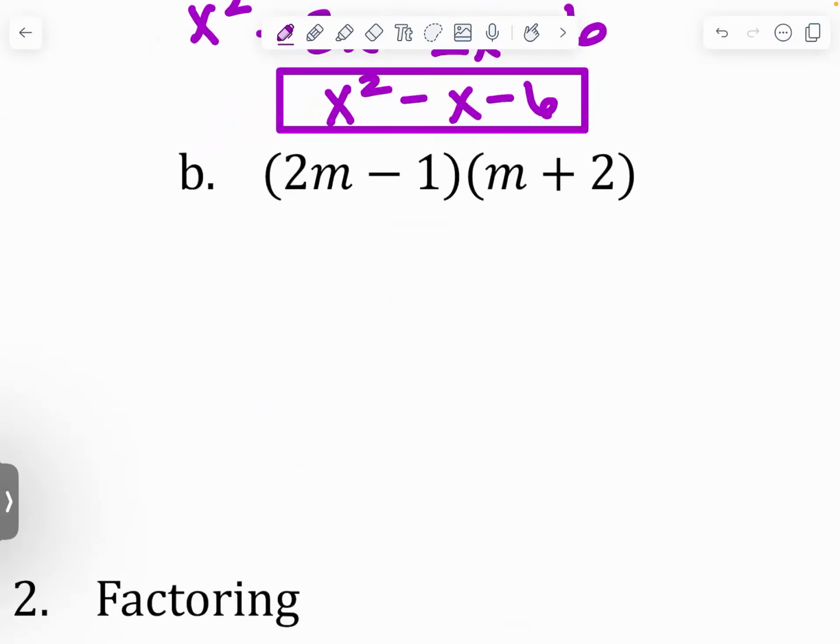Okay, when we multiply 2m minus 1 times m plus 2, Sam, what did you get? We're working on it.